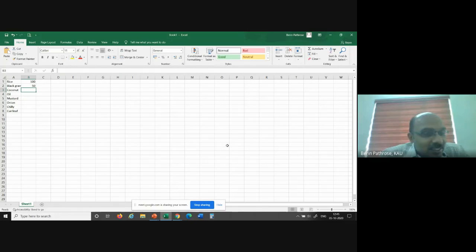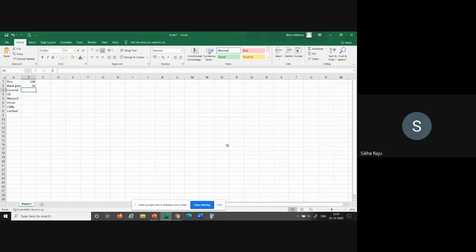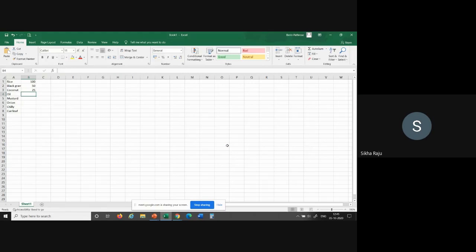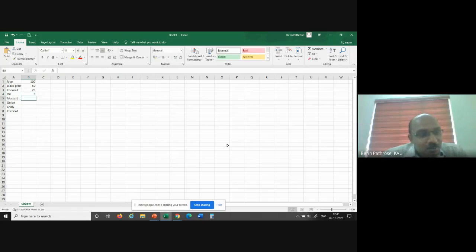For chutney, how many grams of coconut might you have taken? Maybe 25 gram. Oil, 5 gram. Mustard 1 gram. Onion 5 gram. Chili 5 gram. Curry leaf 1 gram.